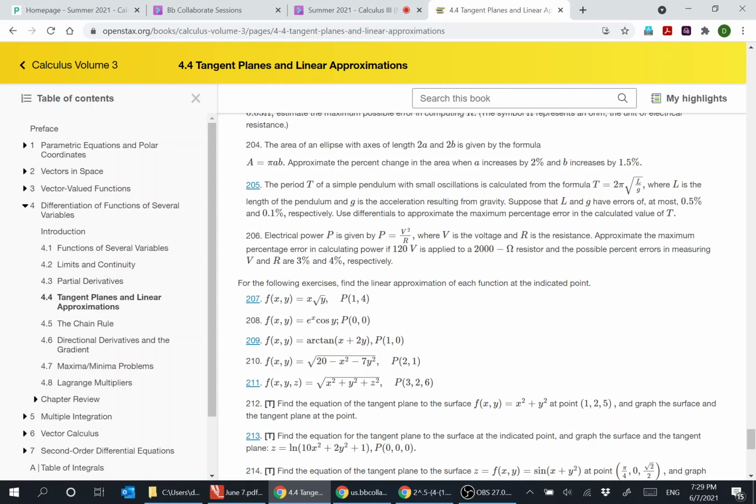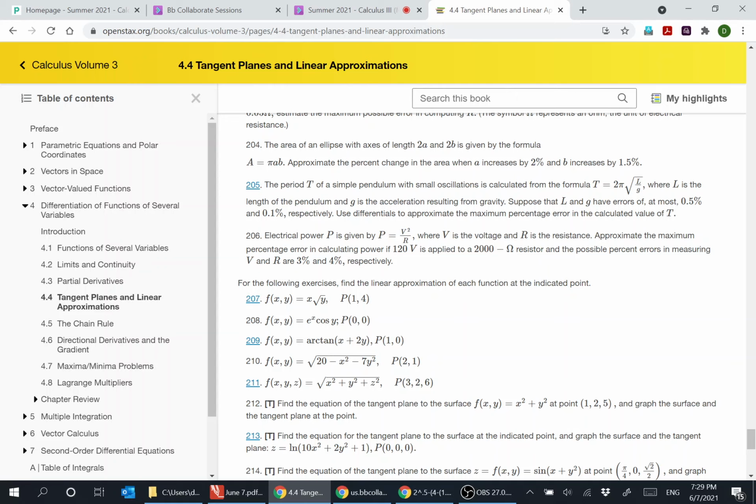So for the following exercises, find the linear approximation of each function at the indicated point. Okay, so the linear approximation, well, it's just the tangent plane, except you write it in a functional form.